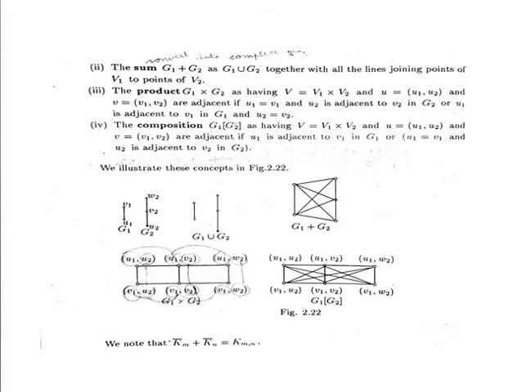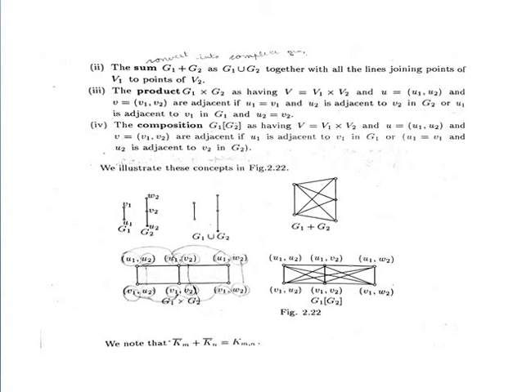The second one is the sum of two graphs. The sum G1 plus G2 is G1 union G2 together with all the lines joining each point of V1 to each point of V2. The third one is the product. The product G1 cross G2 has V equal to V1 cross V2, and u equal to (u1, u2) and v equal to (v1, v2) are adjacent if u1 equal to v1 and u2 is adjacent to v2 in G2, or u1 is adjacent to v1 in G1 and u2 equal to v2.